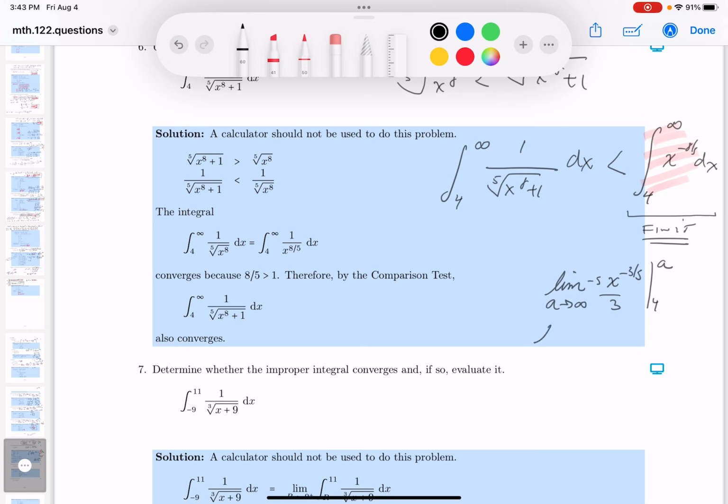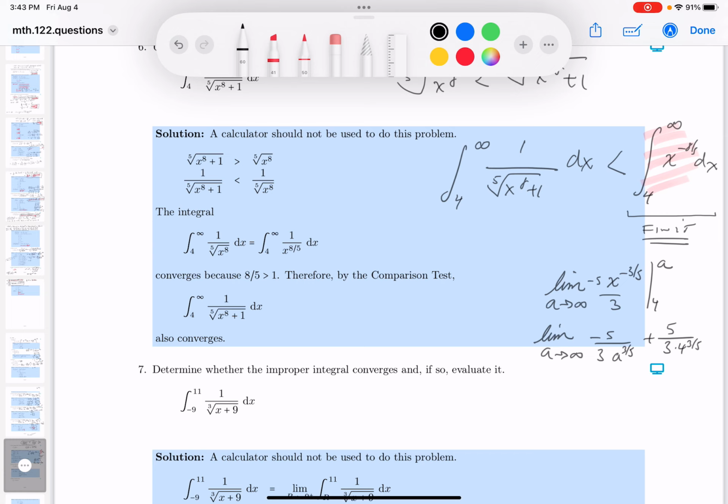What do you get there? The limit: you get minus 5/3 times a to the minus 3/5, and then minus and minus is plus, so that's going to be 5/3 times 4 to the minus 3/5.